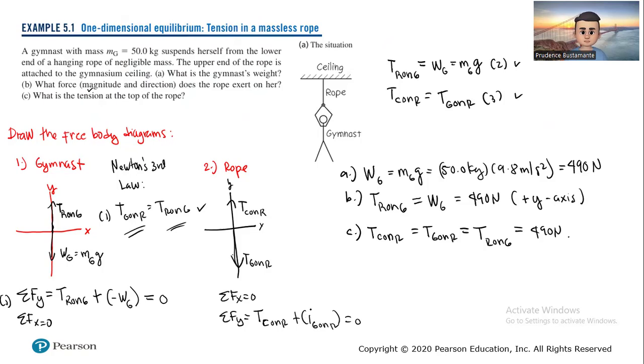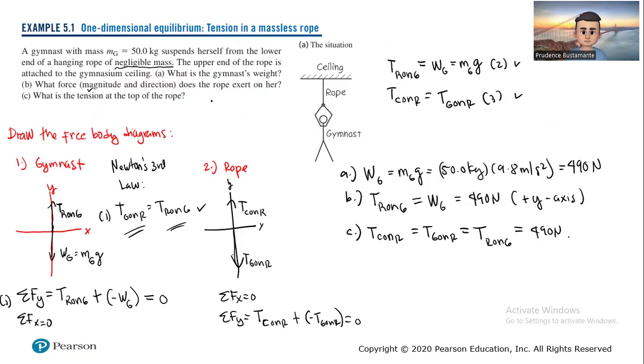The equations would become different. This will become the tension of G on Earth. The equations will become different if your rope is no longer of negligible mass.